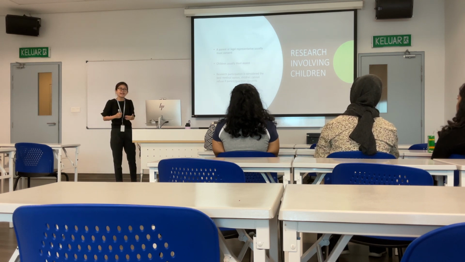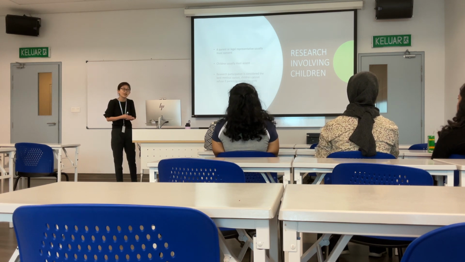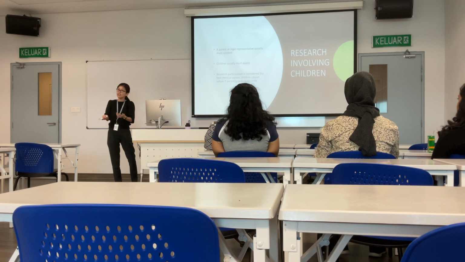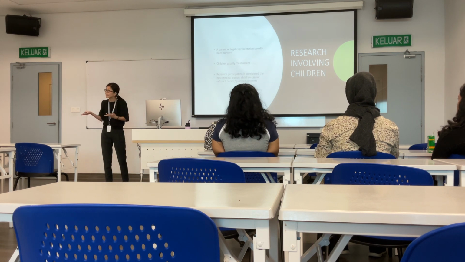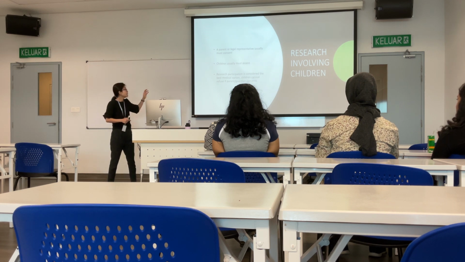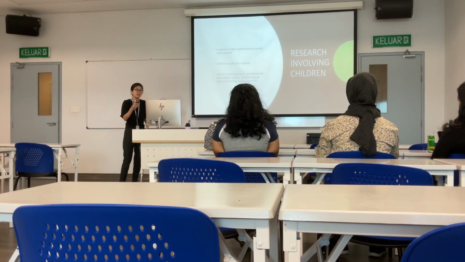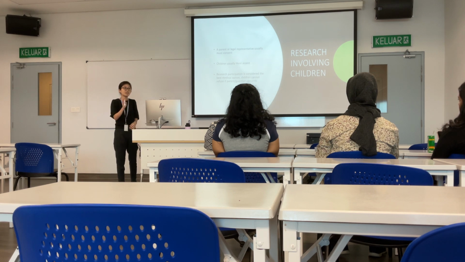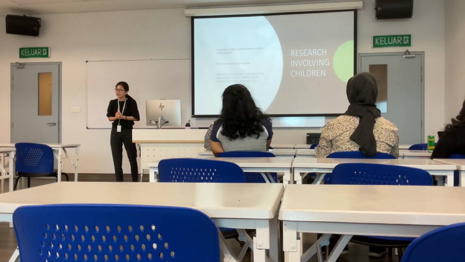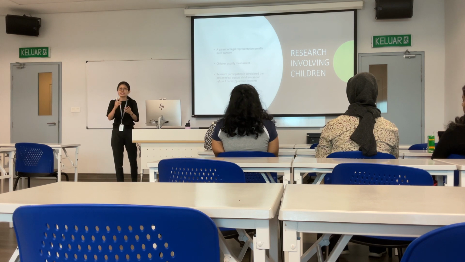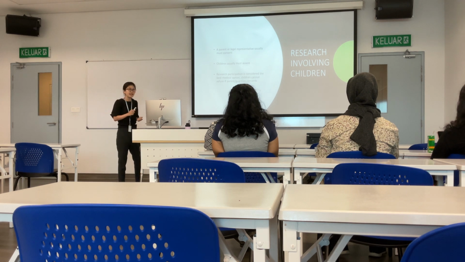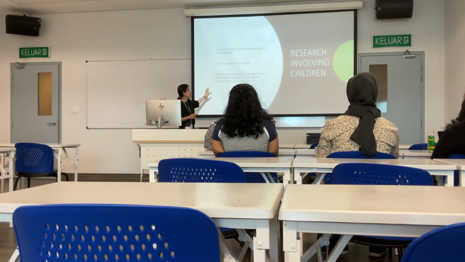So if we are doing a research study involving adolescents from 14 years old, let's say 14, 15, 16, where they already can understand and give agreement, they can only give assent, because they are not legally accepted to give consent. So as long as they are less than 18, you need the consent from one of their parents, and then they can assent to the procedure.